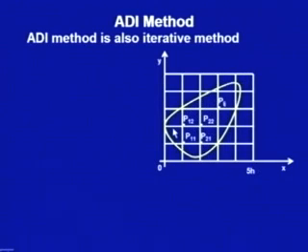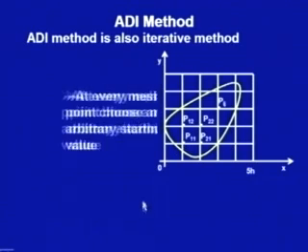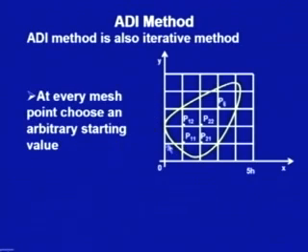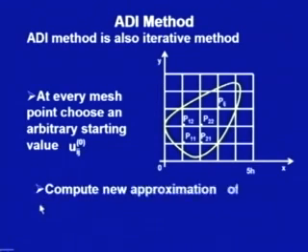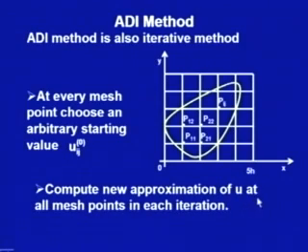What we do is, given any Dirichlet problem, again we discretize it, that is, make the mesh and this grid and get the mesh points, and at each mesh point we use an arbitrary starting value. Because it is an iterative method, we start with arbitrary starting values. So, uij 0 we take some values and then compute the new approximation of u at all mesh points in each iteration.